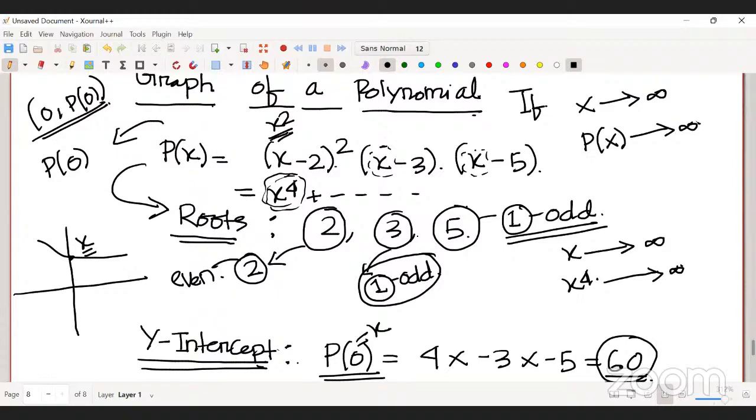Since x goes to infinity, x power 4 also goes to infinity, that's why p of x will also go towards infinity. If instead of x power 4 you have minus x power 4, then as x goes to infinity, minus x power 4 will go to minus infinity, and p of x will go to minus infinity.